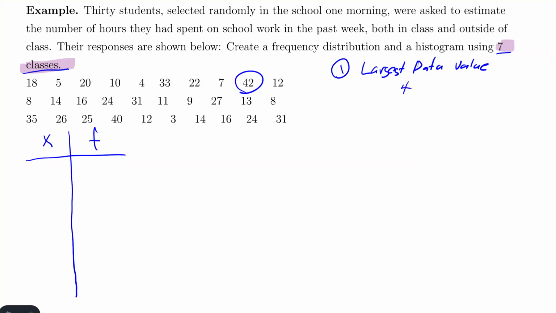Okay, so find that. And the second step is to take the largest number and divide by the number of classes.